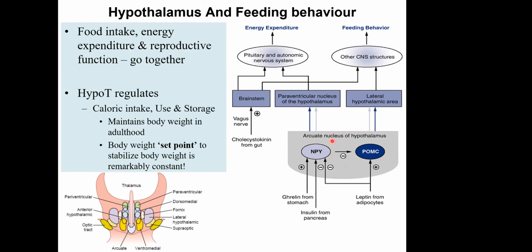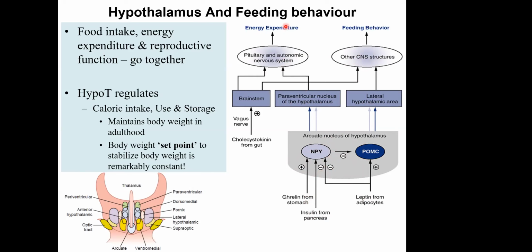When we say that arcuate nucleus is basically, let's say, the gatekeeper of the various stimuli that come from the body, it integrates these stimuli, the information that it receives, and then gives it off to other areas of the hypothalamus, which then project it to other, even higher or different CNS areas.